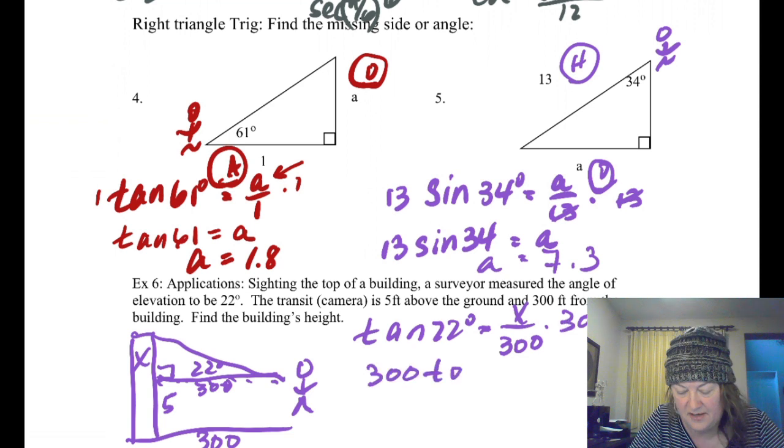I'm going to put that into my calculator, and then I'm going to add 5 to it. So 300 times tangent of 22 is 121.2 plus the extra 5 for the height is going to be 126.2 feet tall. So that's how we figure out how tall the building is, okay?